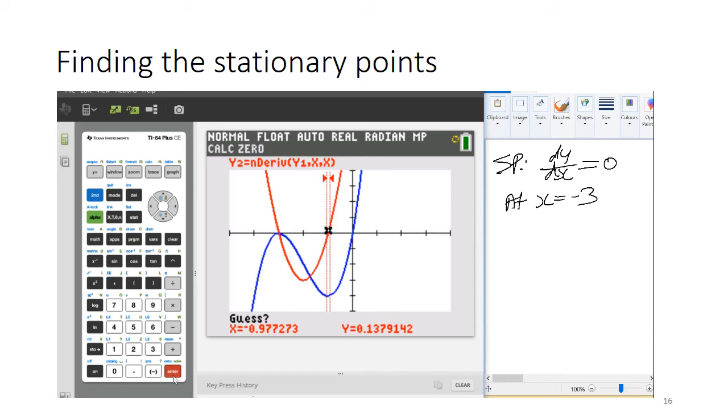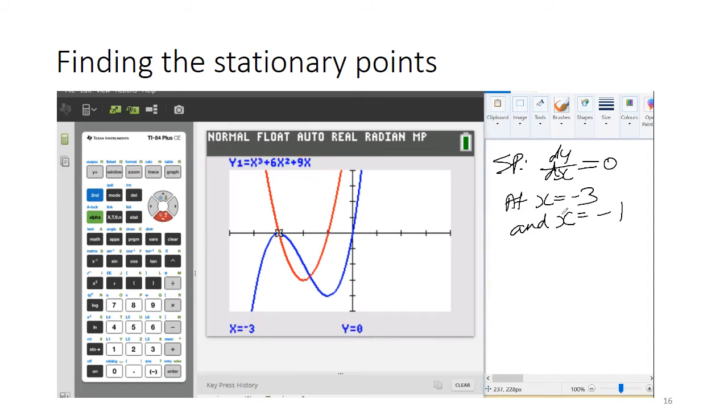It looks like it's around there. So it would be at x equals -3 and x equals -1. So these two are the points where the gradient equals 0.